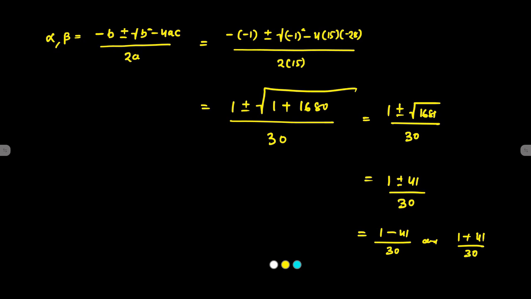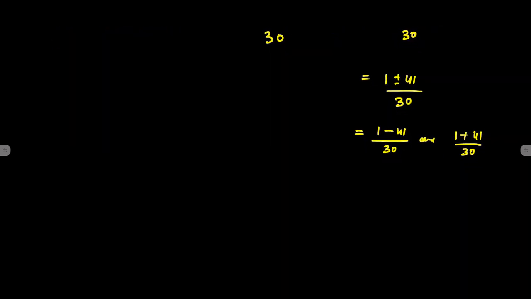So it is equal to minus 40 by 30 and 42 by 30. So here, minus 4 by 3, and here, if we cancel it through 6, it is 5 and this is 7, so 7 by 5.